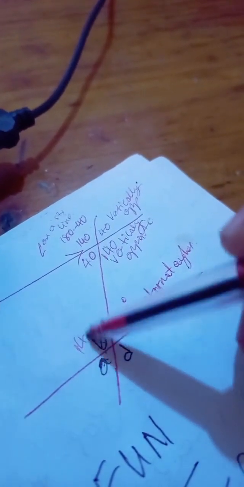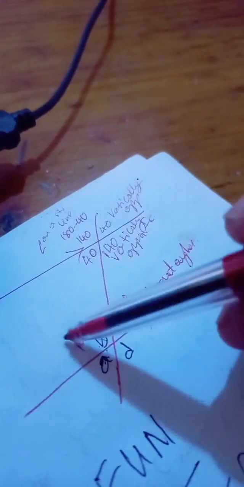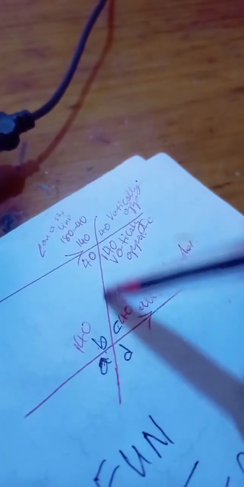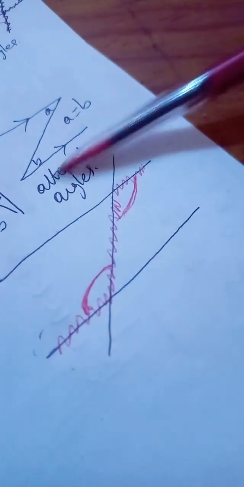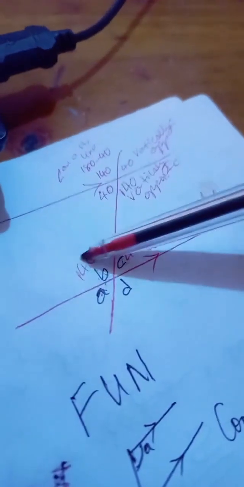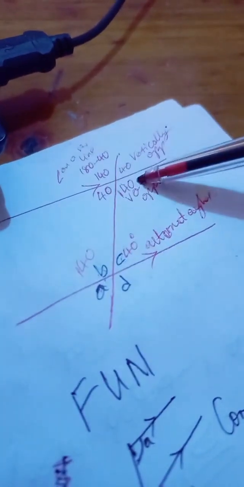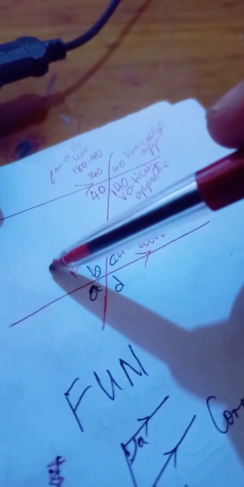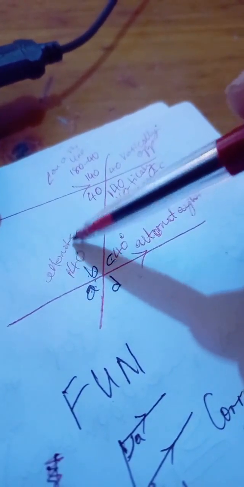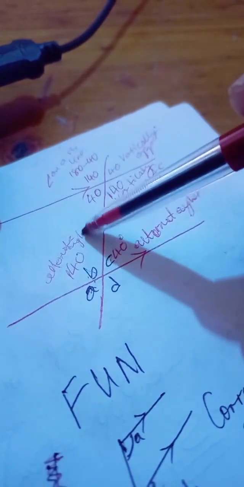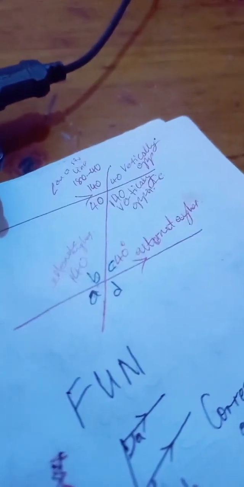Why? You see, they are alternate. You see this Z or this N. It's this one which I was talking about. Right? So this is going to be 140, alternate to this angle. So, alternate angles. Right?